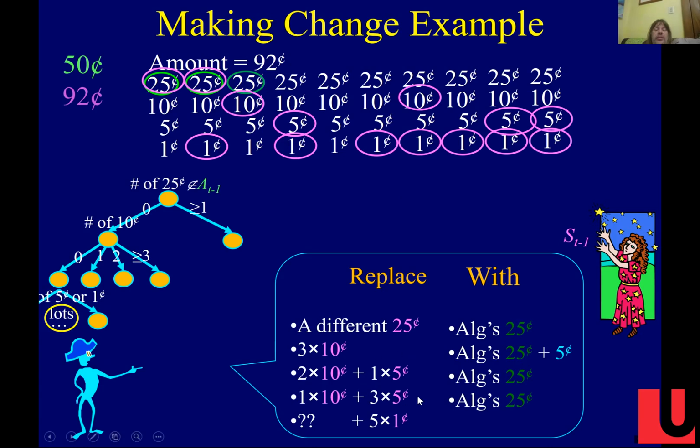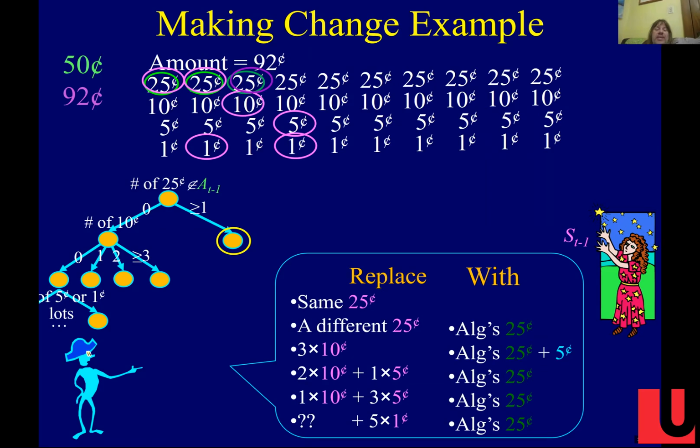And you can see in each of these cases we can replace what she has. We get her to drop 25 cents worth and replace it with the quarter that the algorithm has taken.